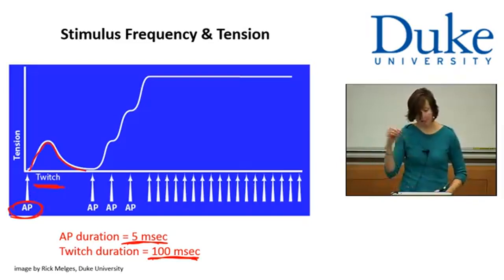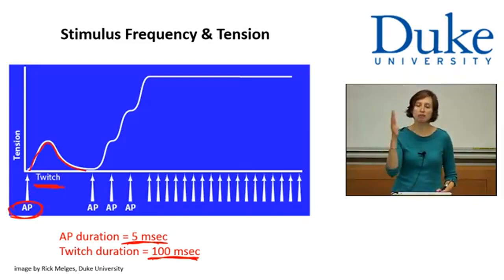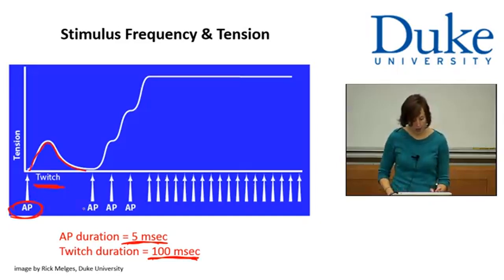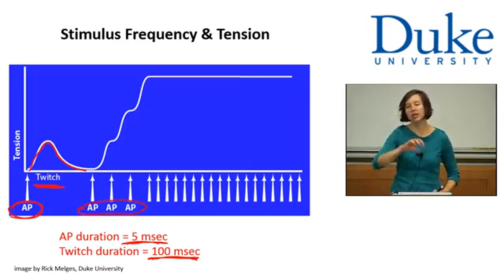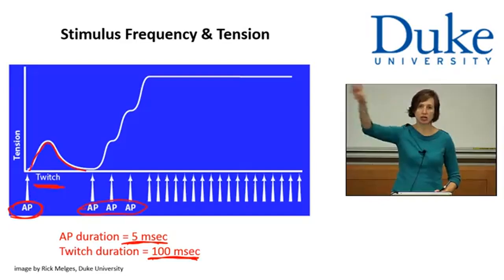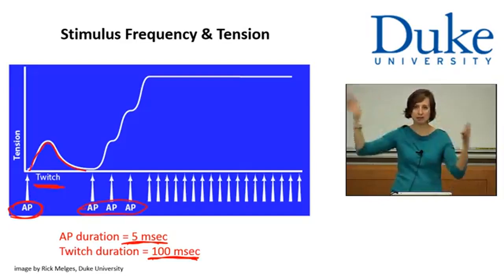And so what that means is if we have action potentials more frequently, and we said with a twitch we're not forming maximal force, not even close, then if we have more frequent action potentials, we can increase the tension because it becomes additive.